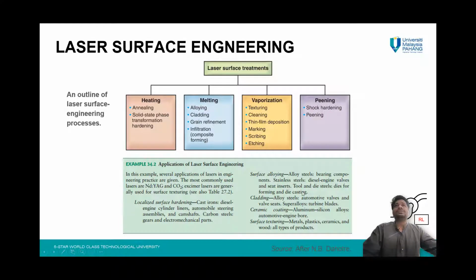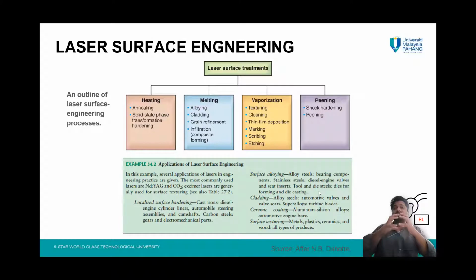For instance, with laser heating, the laser is going to scan the whole substrate, and we are going to deposit a certain amount of heat onto the substrate so that a heat treatment process is carried out, either in the form of tempering or perhaps a change of phase, etc. That would cause only the near-surface regions to transform their phase or to change their chemical structure, or even perhaps change the microstructure.